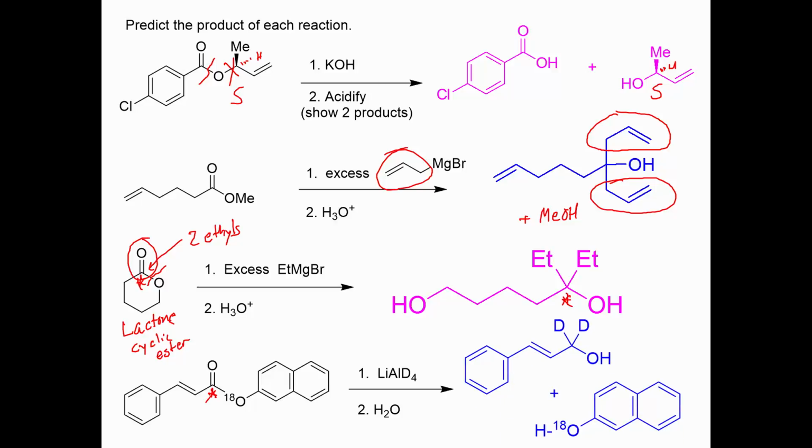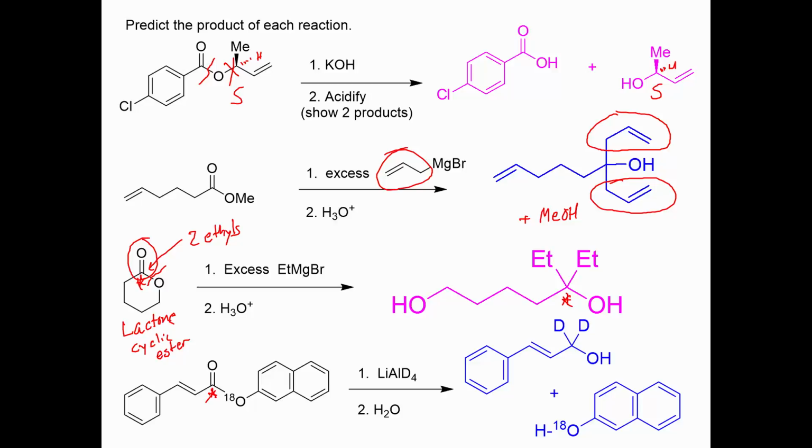We should expect the oxygen here in the deuterium part to be just normal, natural abundance isotopes of oxygen, and we should expect the bottom one to be O18 labeled.